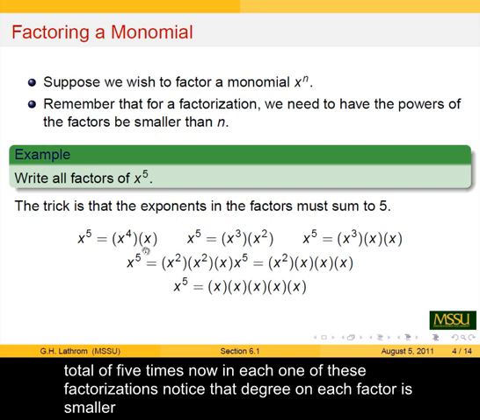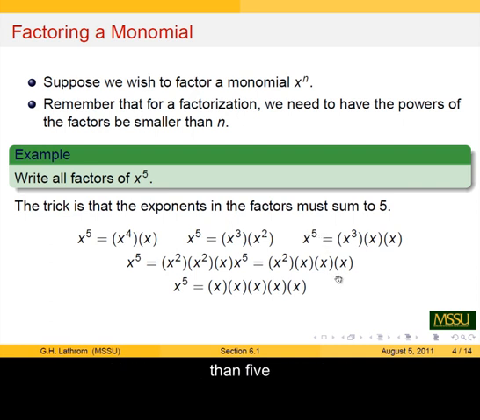Now in each one of these factorizations, notice that the degree on each factor is smaller than 5. And that's exactly what we mean by having a factorization.